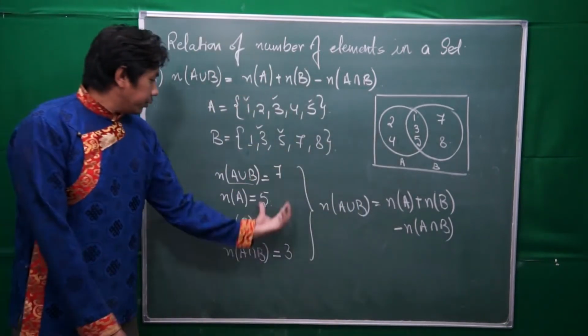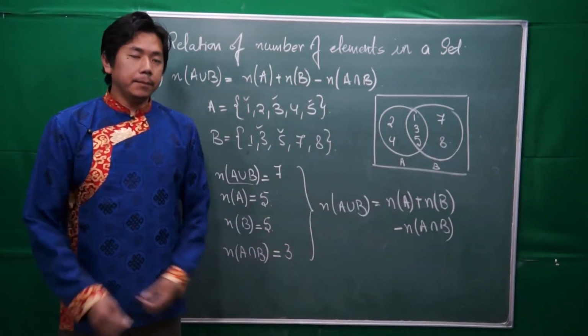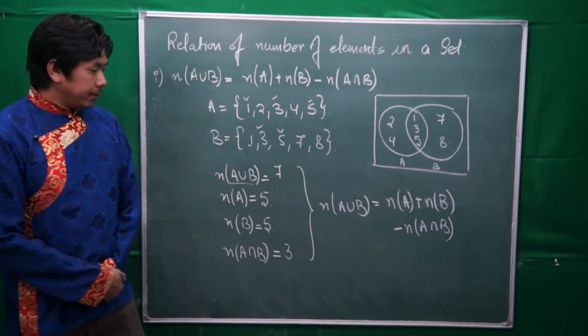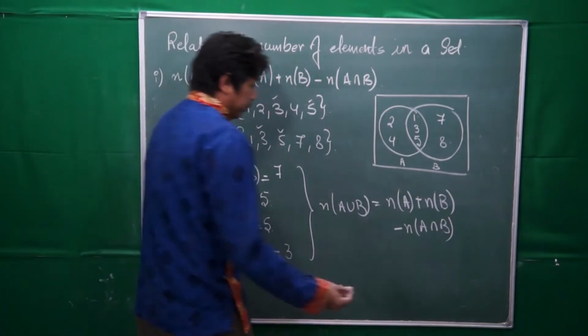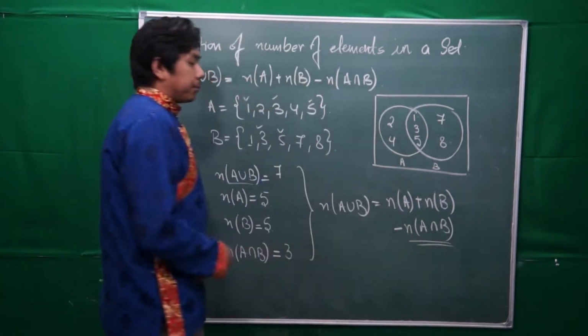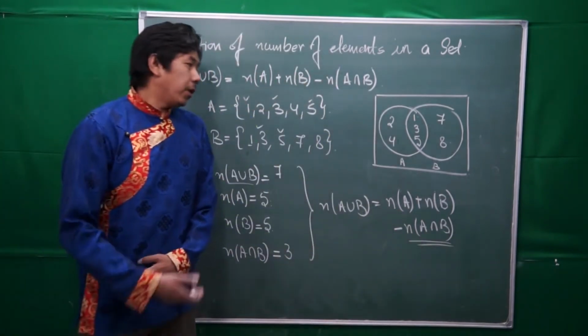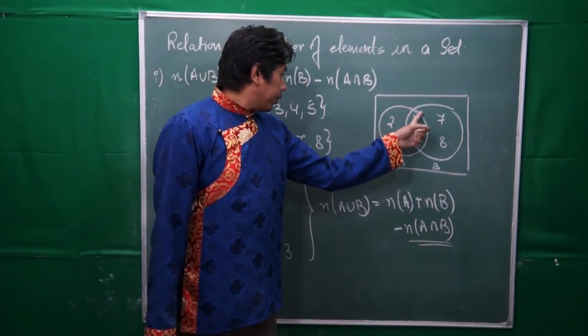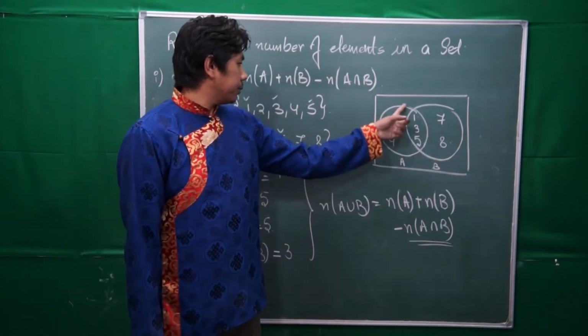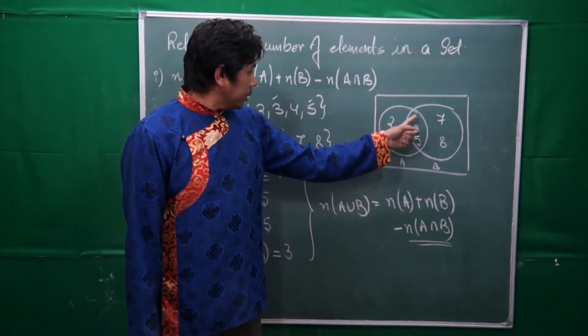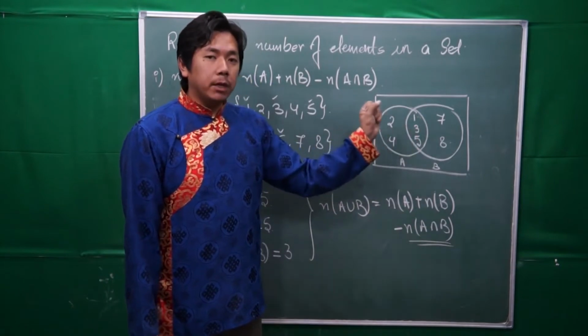So, from the values you can see clearly. Alright? Clear? Okay. Now, the question arises, why is this being subtracted? It is obvious, you can see. From the number of A, this whole circle is being counted. So these 3 digits have been counted already.